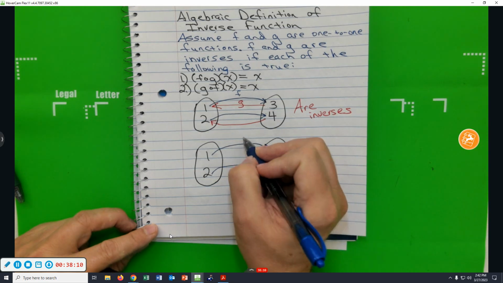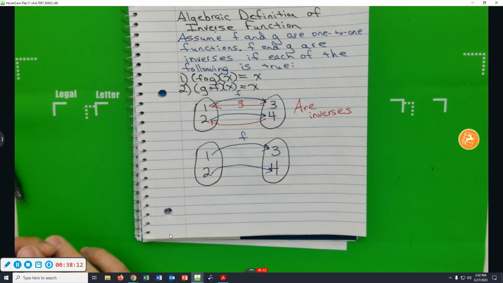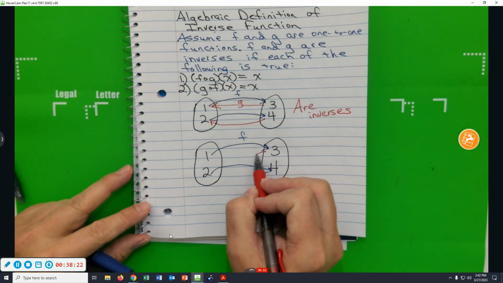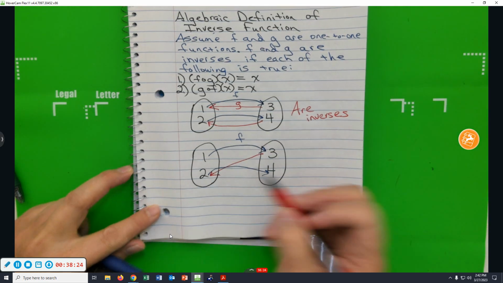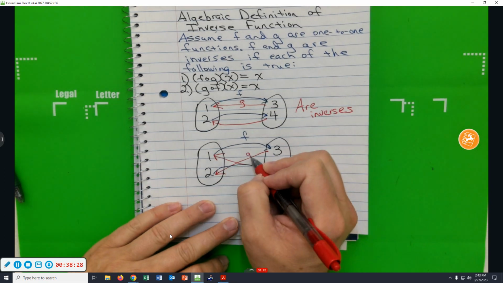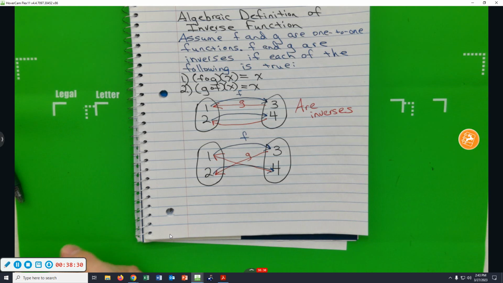So f is still doing the same thing. Suppose g doesn't reverse the ordered pairs. Let's suppose g takes 3 to 2 and 4 goes to 1. So the red function is g, the blue function is f.